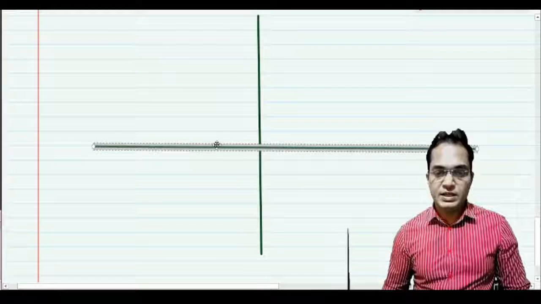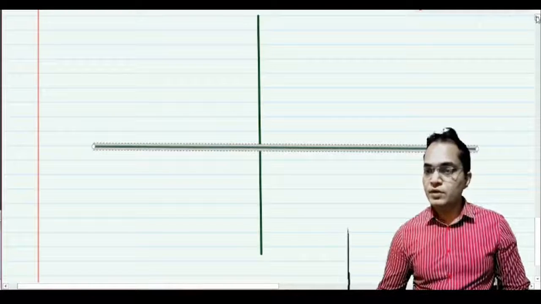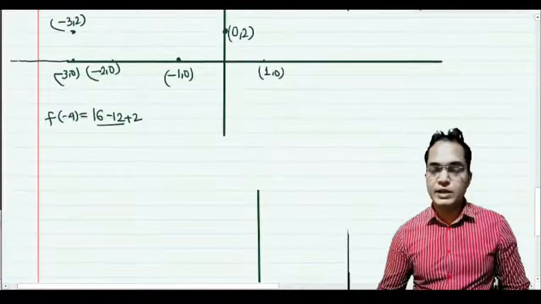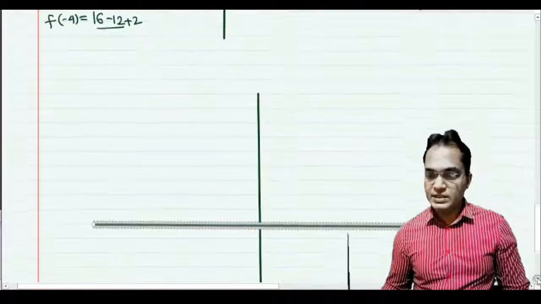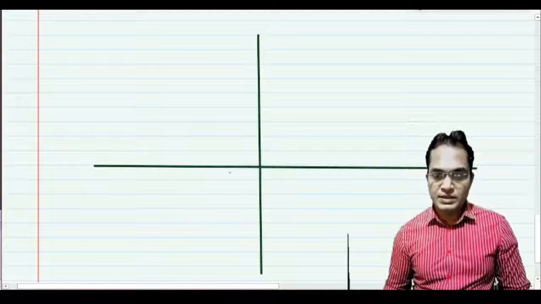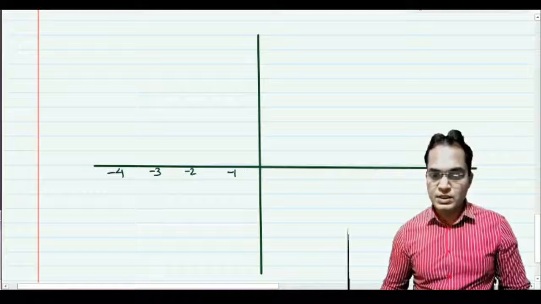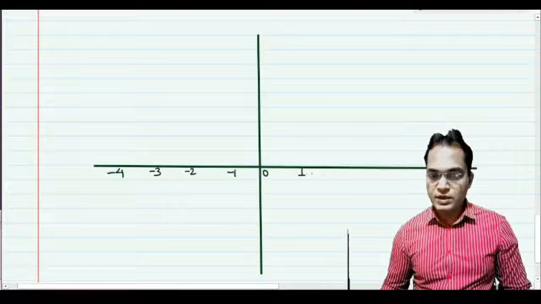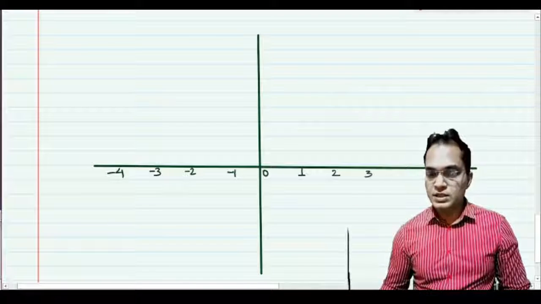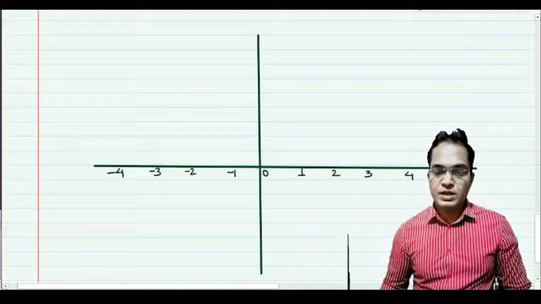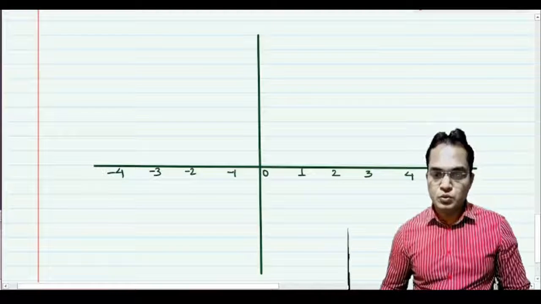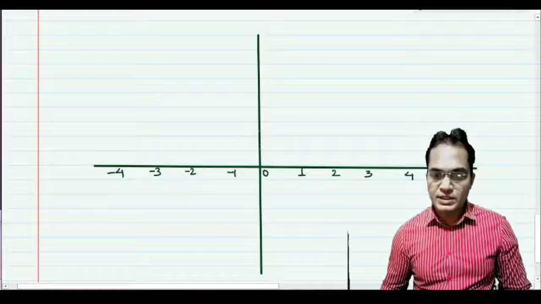If we observe these values, then let this be a point -1, this a point -2, here is the point -3, here is the point -4, here is 0, here is 1, here is 2, here is 3, here is 4. Okay, at 0 the value is 2, yes or no?